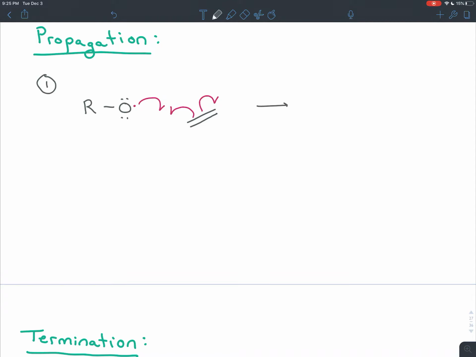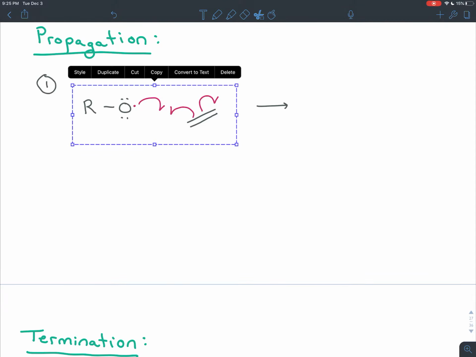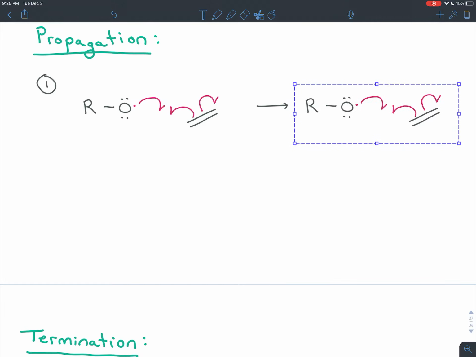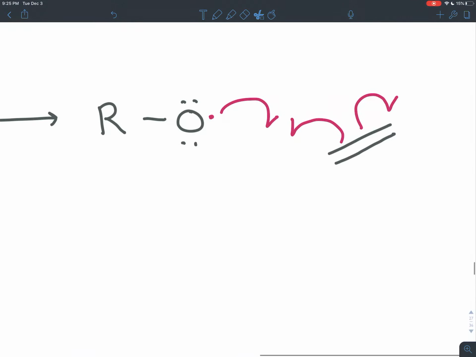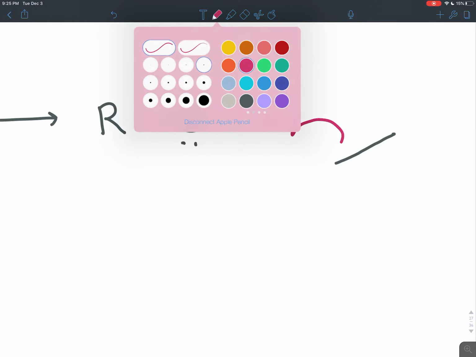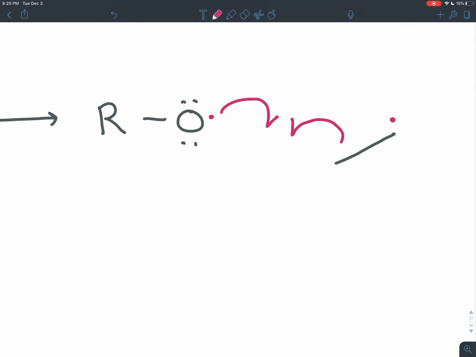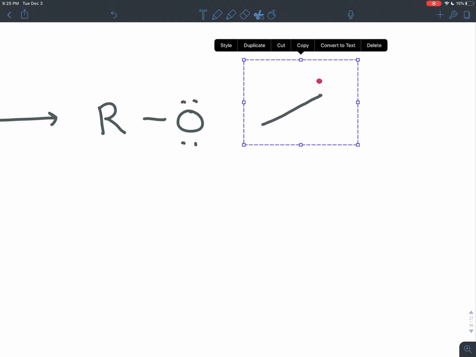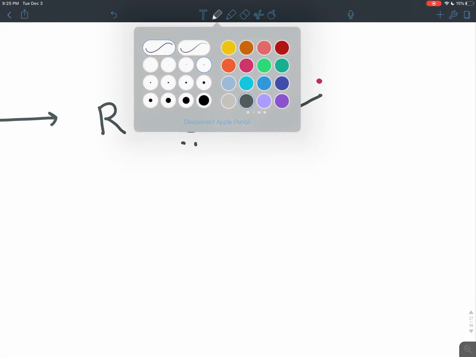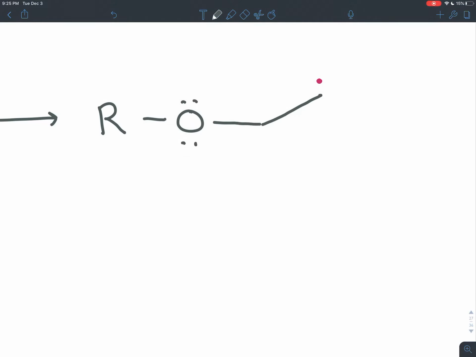So we end up with this pi bond breaking. One of the electrons becomes a radical on this carbon. The other electron pairs up with a radical on the oxygen, and you create a bond between the oxygen and the carbon.